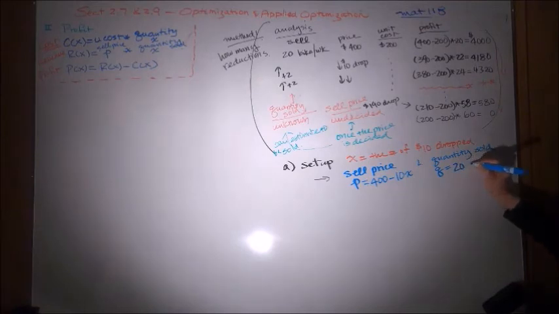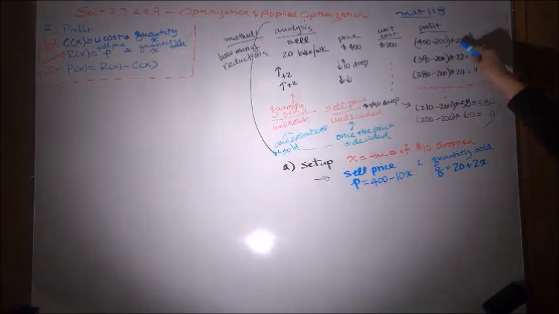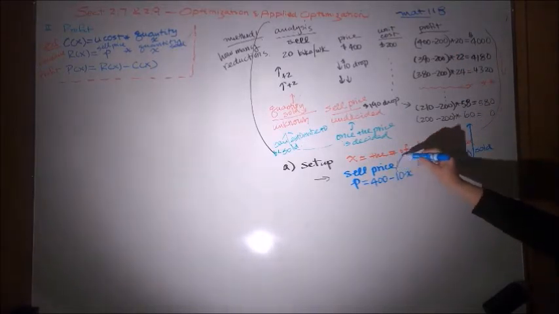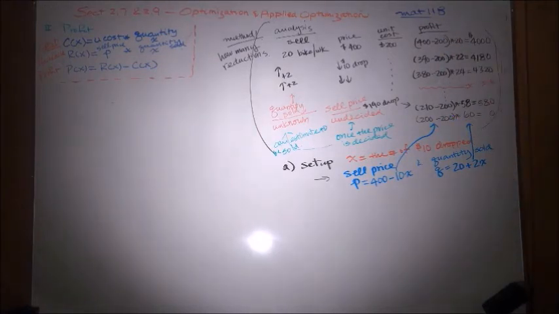So it was 20, then each discount you can sell 2 more. So that would be the total bicycles you will sell. Does that make sense so far? So you can set up this way.